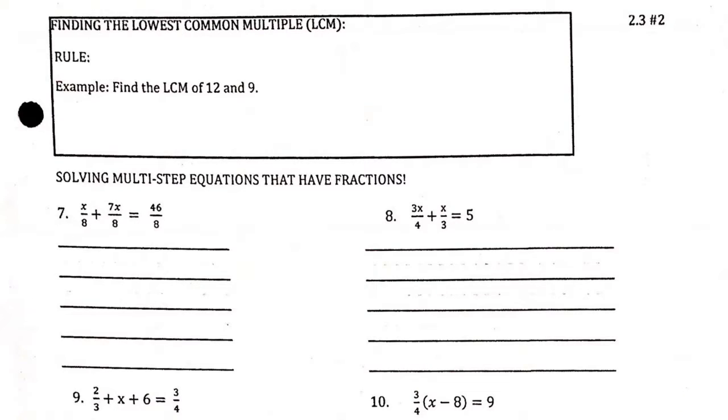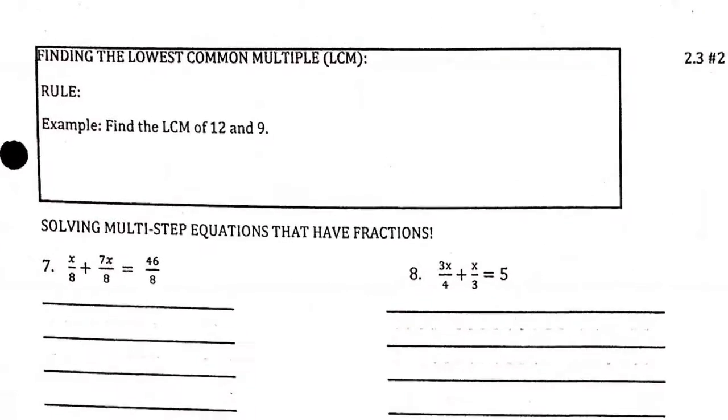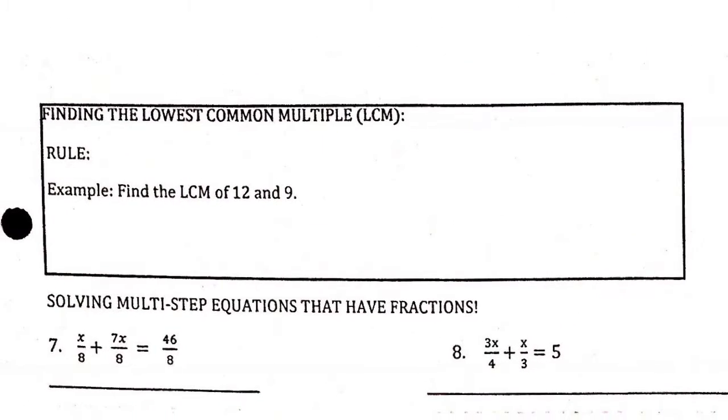The last example that we are going to go over today is going to be using fractions. And just to remind you guys, when we add or subtract fractions, we need to have a common denominator. To find that common denominator, you use the lowest common multiple.